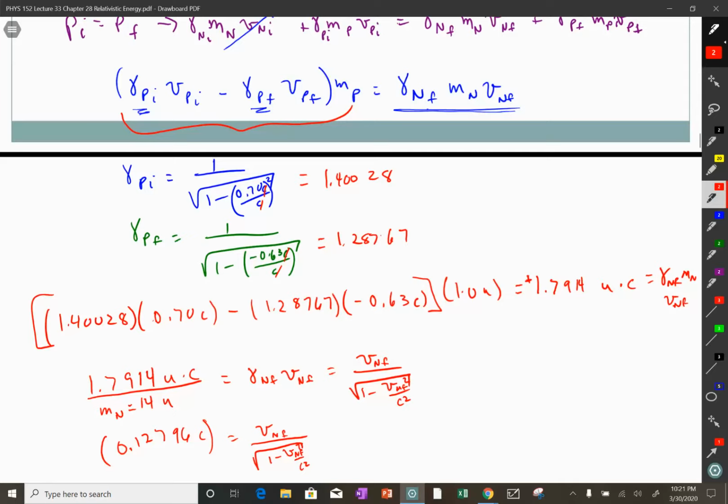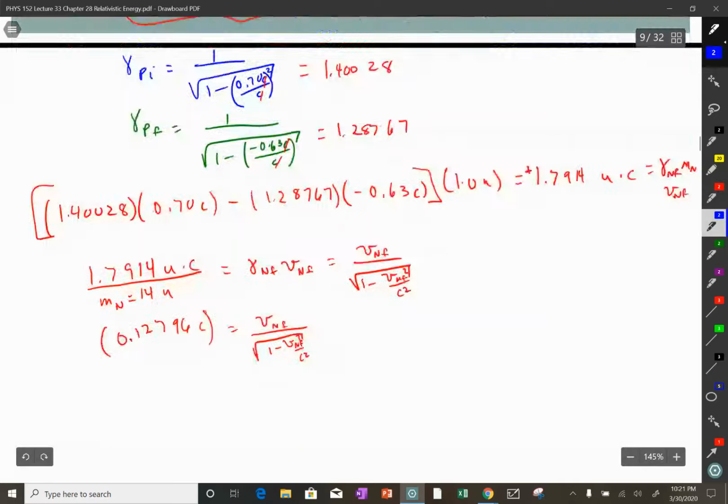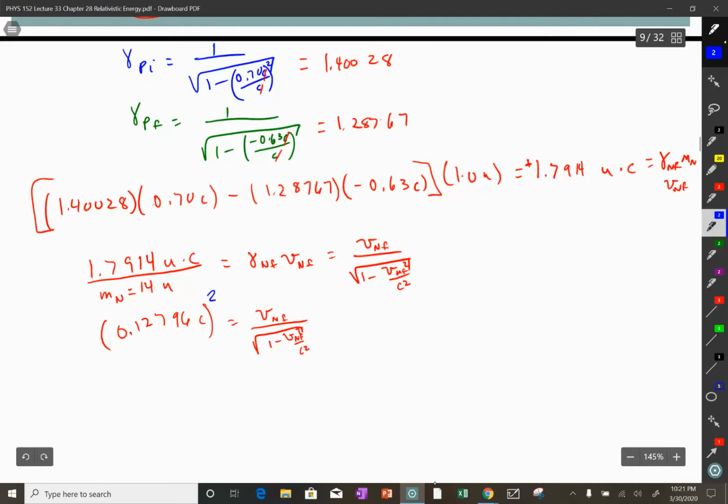Quickest thing to do, square everything. So I square this and I square this, and I have 0.12796 C quantity squared is equal to Vn final squared over 1 minus Vn final squared over C squared.